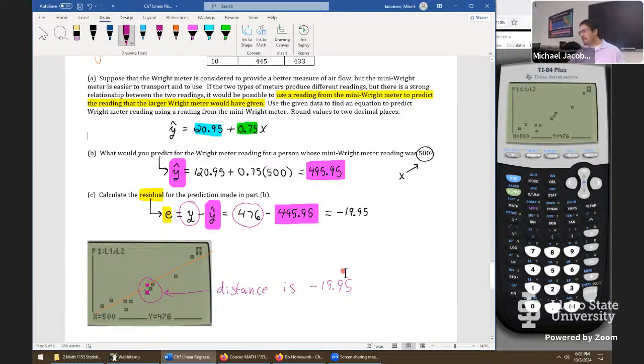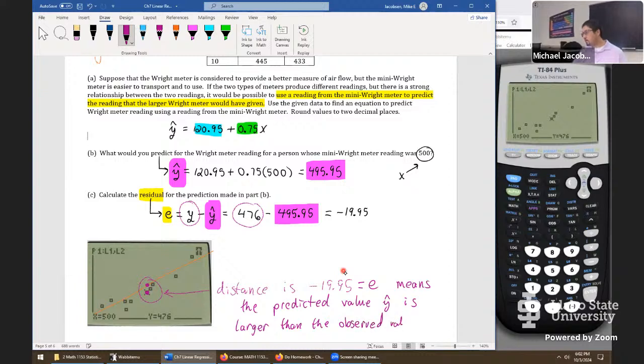We can say negative 19.95 equals E, just to say it's a residual, means the predicted value Y hat is larger than the observed value, which was Y equals 476.